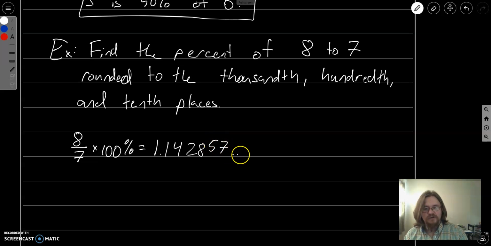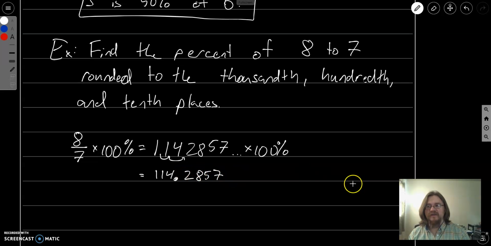We plug this into our calculator, and we would get something like 1.14287, and then a few more numbers. I'm just going to stop here for the moment, times 100%. When we multiply by 100, we move the decimal place over. So this decimal place is going to go 1, 2, and we'll have 114, then the decimal, then 2, 8, 5, 7. And now we can start rounding.